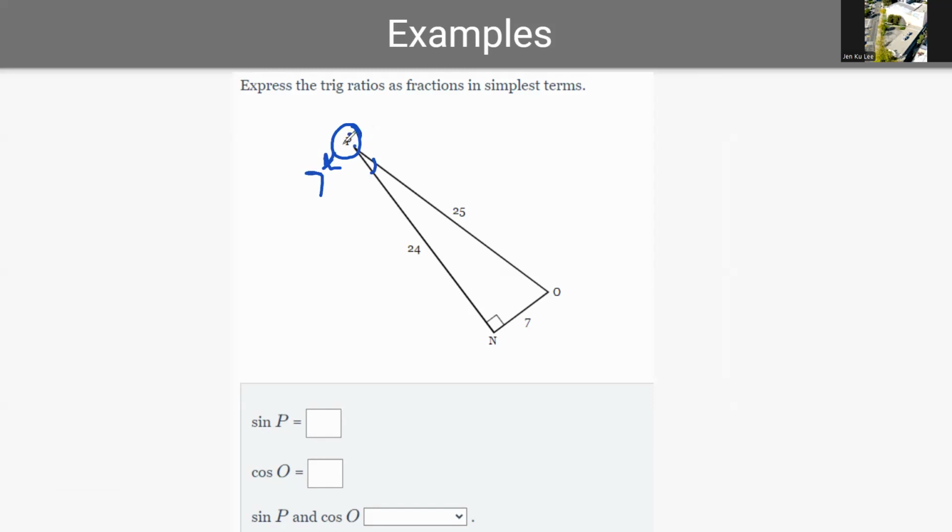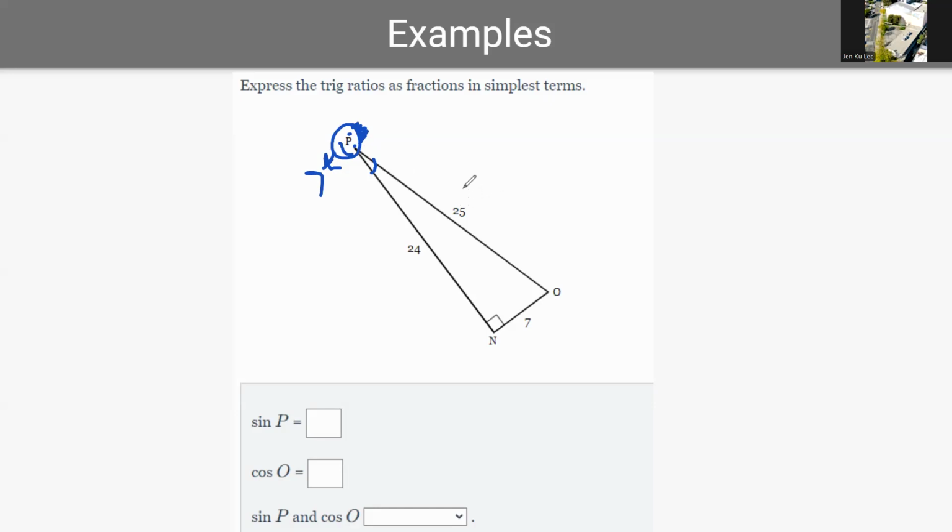We're looking at it from the viewpoint of this angle. Let's label the sides first. Okay, all the sides. What is this 25, PO? Is it the opposite side, the adjacent side, or the hypotenuse?